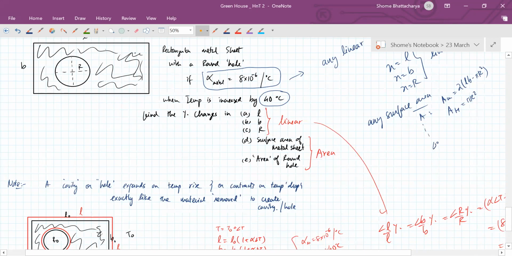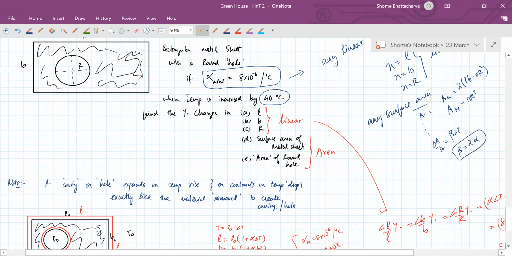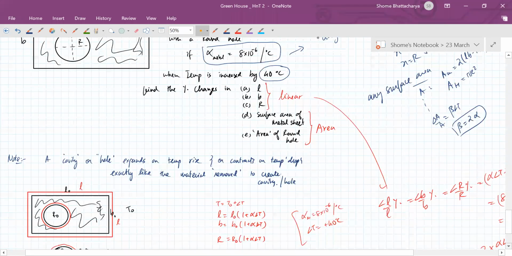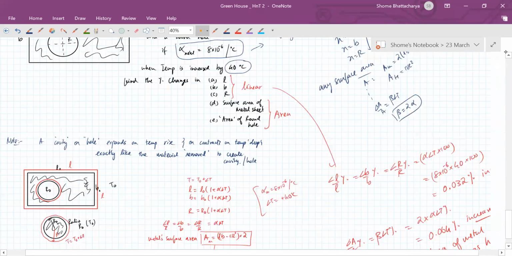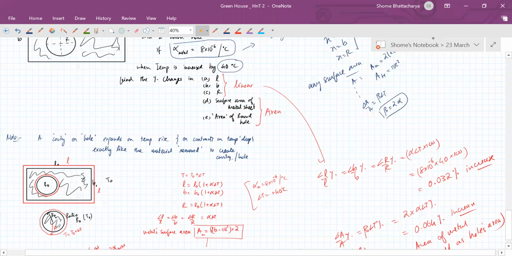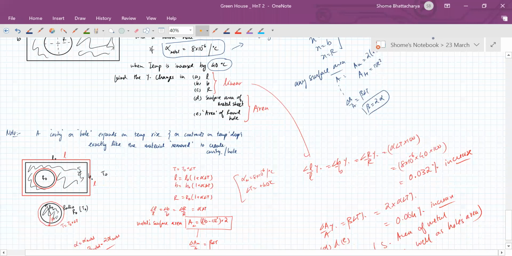So the fractional change for these dimensions will be equal to beta into delta T, where beta's value is twice of alpha. That's why they will have double the percentage change. Have you understood now, Joel? A very simple concept like this we apply here.